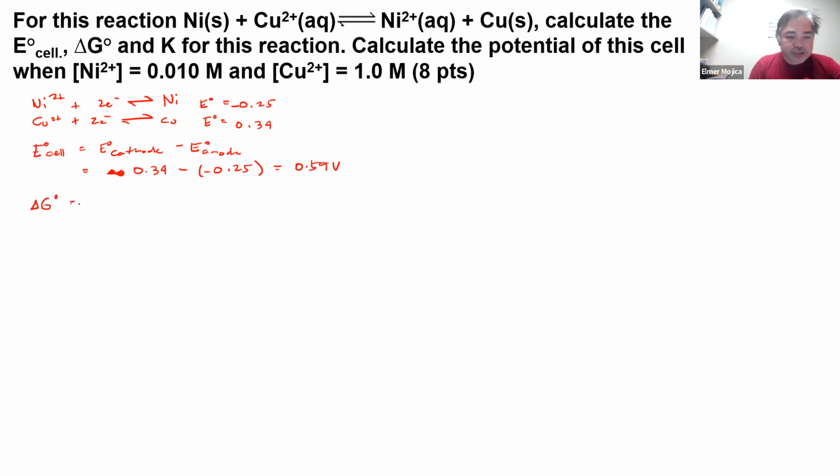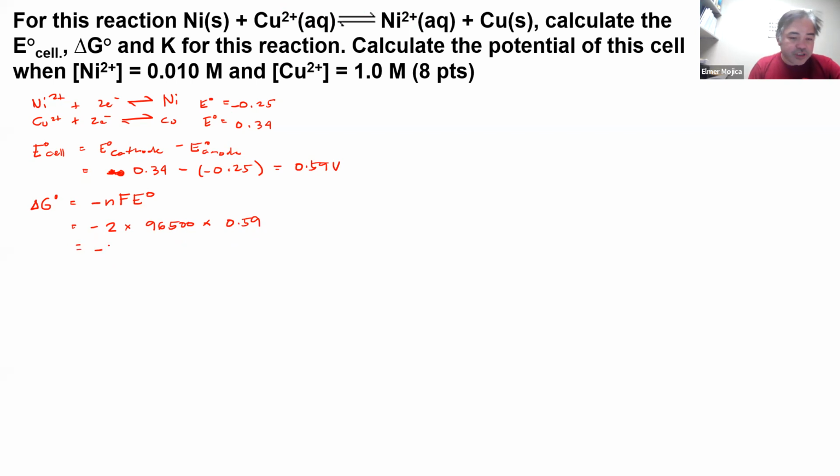Now, the next question is for the Gibbs free energy. So delta G is just equal to negative n F times the cell potential. N, based on the reaction here, you could say 2+ for both of the charges, so most likely you have 2 electrons, okay? And then you multiply it with the Faraday constant, so we can put it around 96,500, and then the cell potential from the previous calculation.